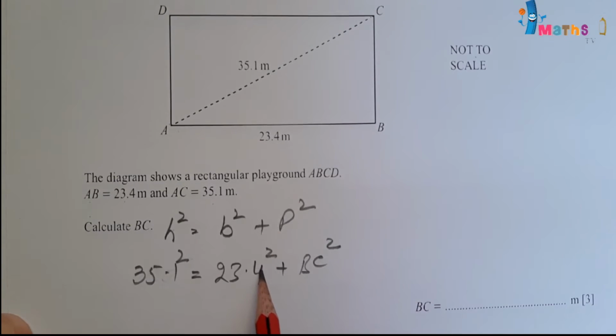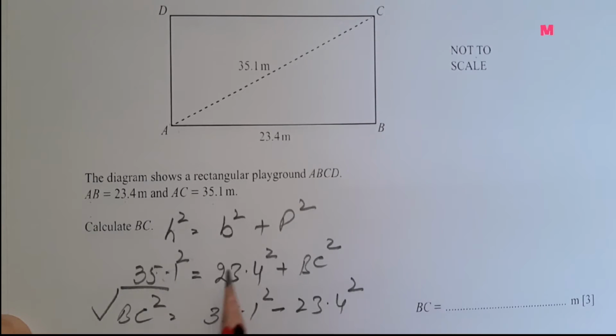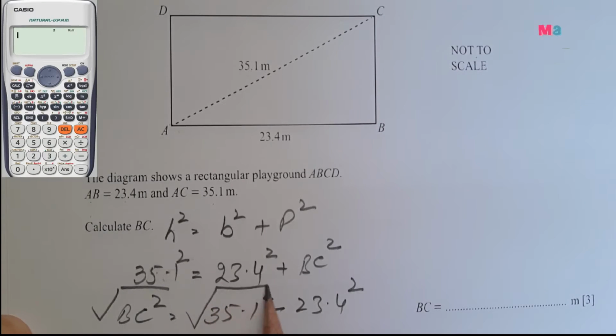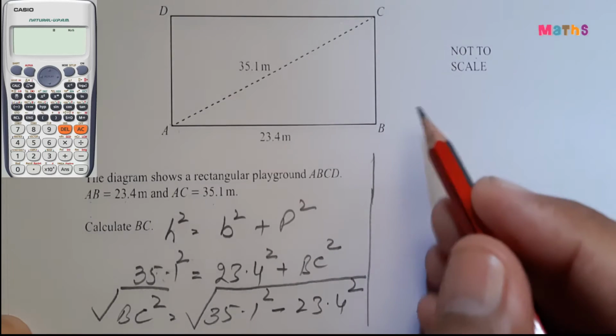Now we can shift this to other side and we can write BC square is equal to 35.1 square minus 23.4 square. So we'll take under root on both sides.